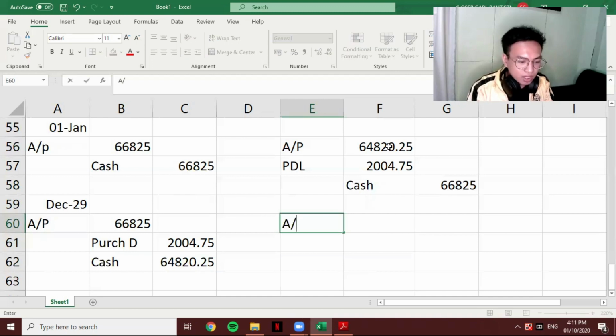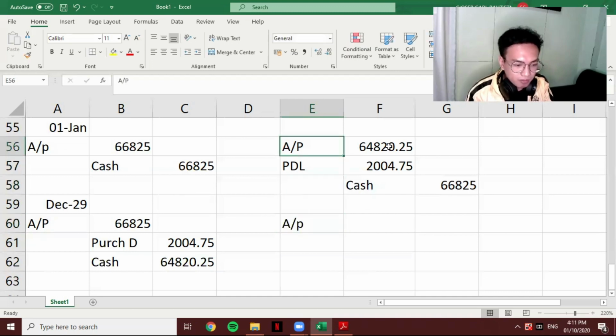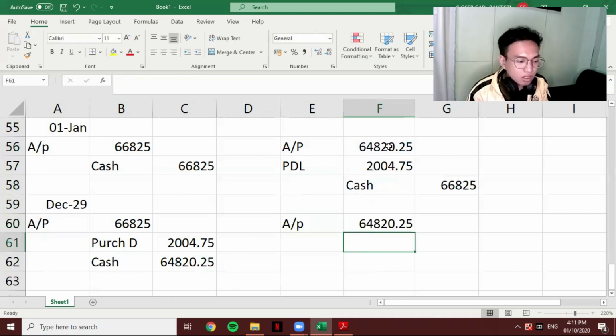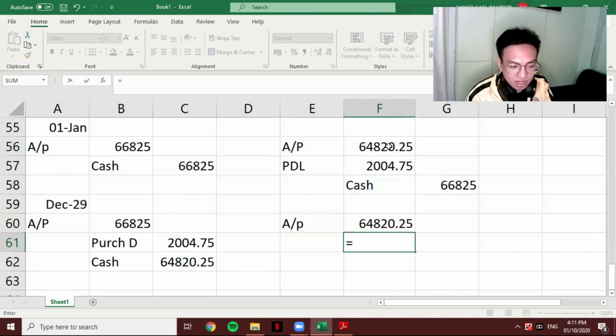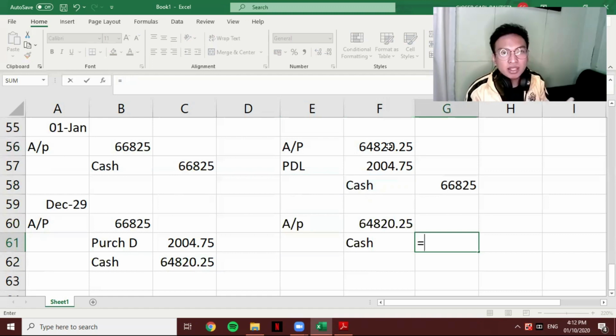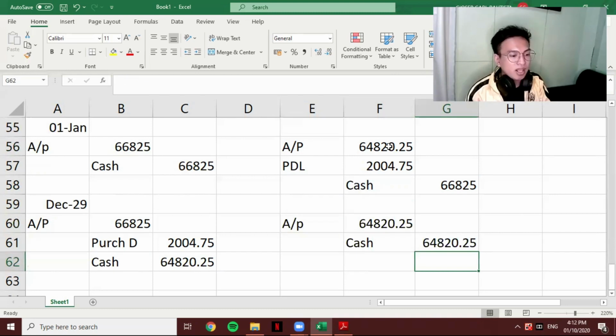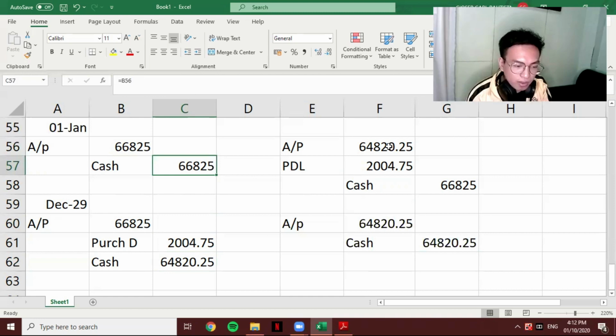You will only pay the AP amounting to 64,820. And you will not record any purchase discount na because it's already recorded initially and it is recorded with your purchase na. 64,820. Again, whether they take the discount or not, whether they use net or gross method, the cash paid to your supplier will always be the same.